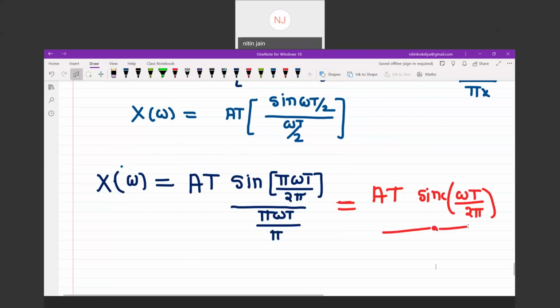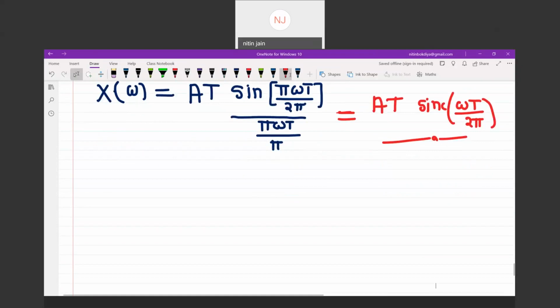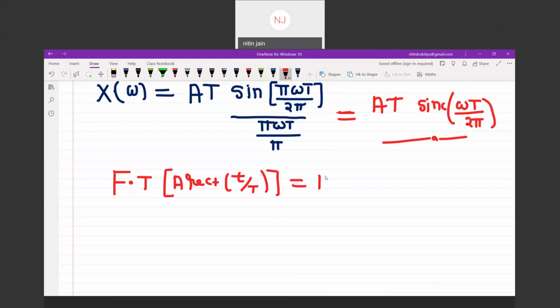So the Fourier transform of A rect of t by T is having the Fourier transform A into T sinc of omega T by 2 pi.